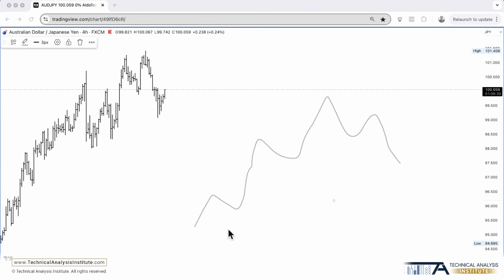And this type of structure, this 8-wave structure, appears in a 1-minute chart, in a 5-minute chart, in a 60-minute chart, in a 4-hour chart, in a daily chart, in a weekly chart, in a yearly chart. It doesn't really matter. The structure is always the same.